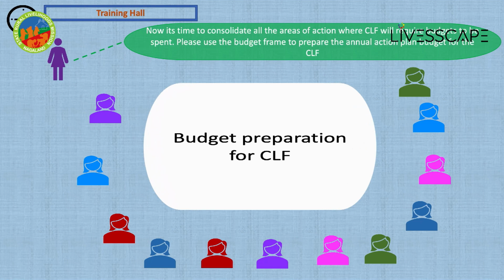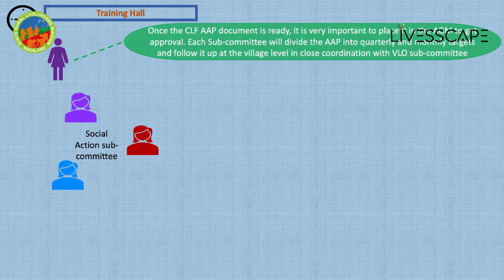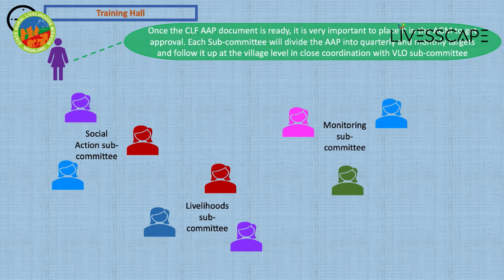Now, it is very important for this whole annual action plan to be presented to the AGM to get its approval. Each subcommittee will divide the AAP into quarterly and monthly targets and follow it up at the village level in close coordination with the VLO subcommittee.